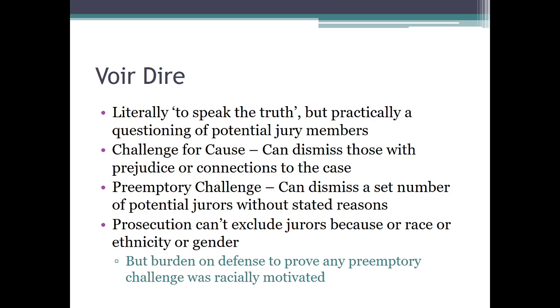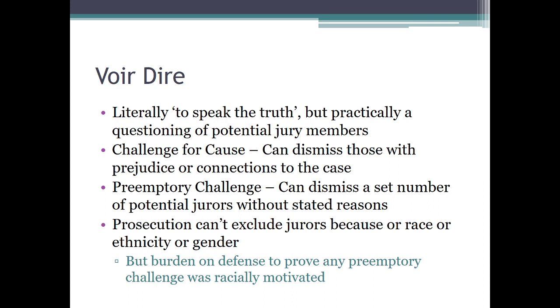Now, one of the things that unfortunately in our history went on was prosecutors routinely excluded jurors because of race, ethnicity, or gender. They're not allowed to do that anymore. But if the prosecution does do it, there's no question about it, we don't presume.